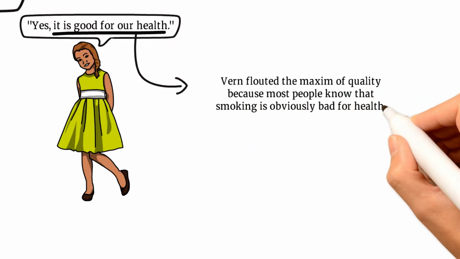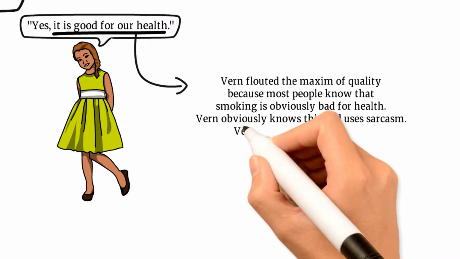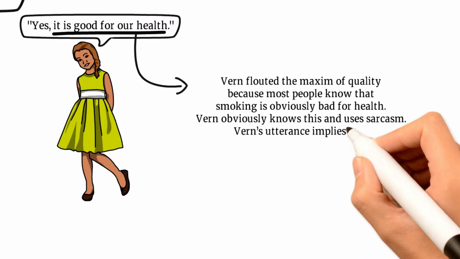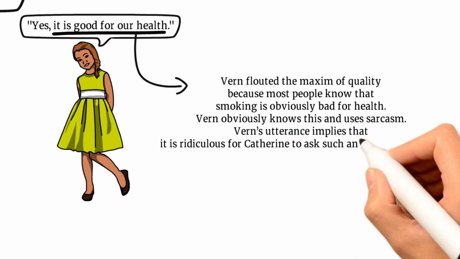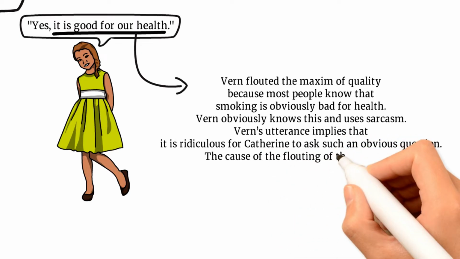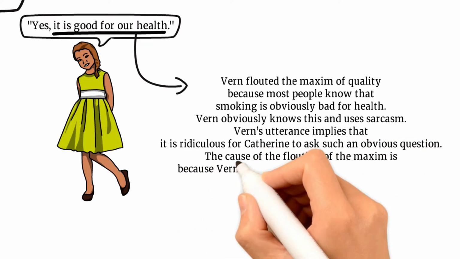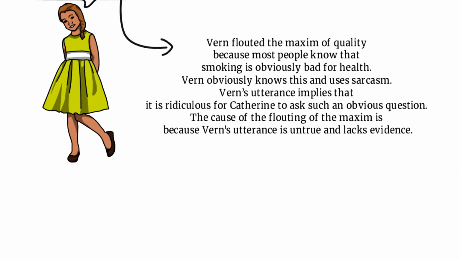Vern obviously knows this and uses sarcasm. Vern's reply implies that it is ridiculous for Catherine to ask such an obvious question. The cause of the flouting of the maxim is because Vern's reply is untrue and lacks evidence.